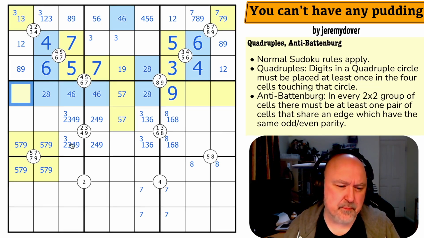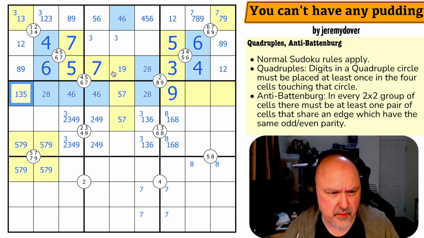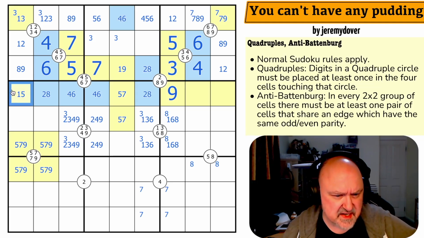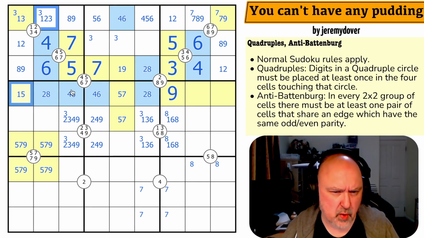Well, what can that be? It can't be 7. 7 has to be in here. And it can't be 9. So this is 1, 3, or 5. And it can't be 3. This is just 1 or 5, because the 3 is in here. If it's 1, that's 1.